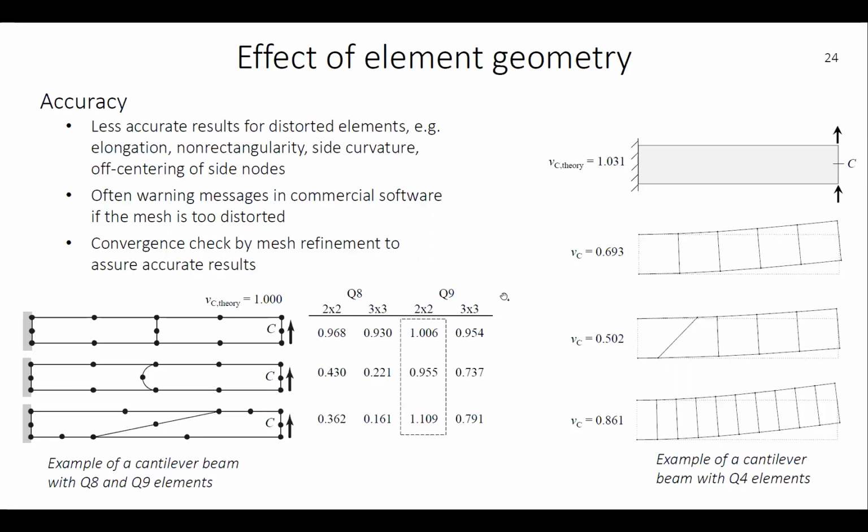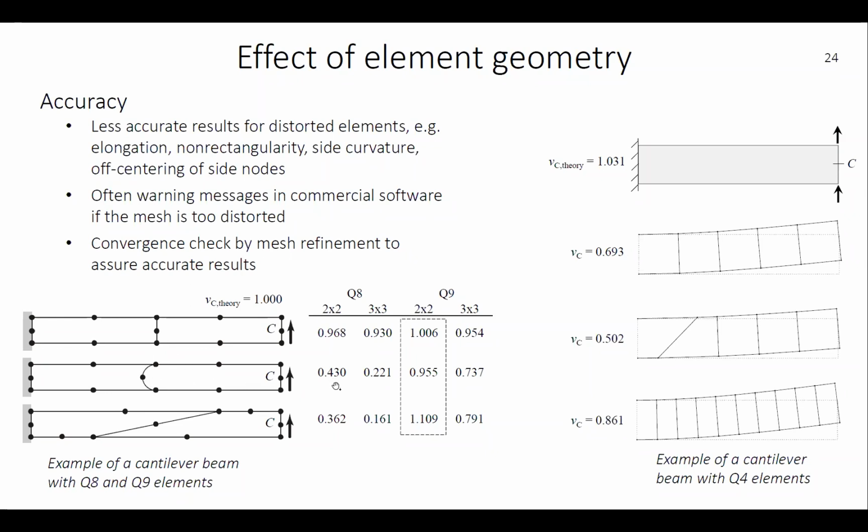But if you go for the second example here, just shifting the mid node of the elements slightly, we severely worsen the results for all of the Q8 elements.